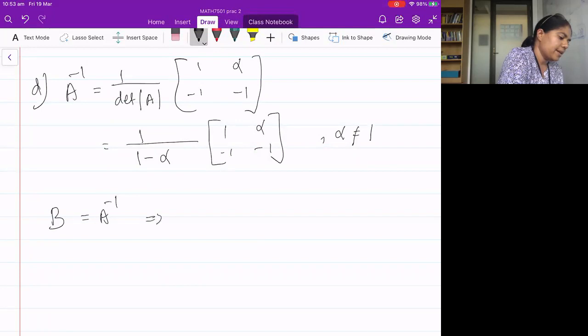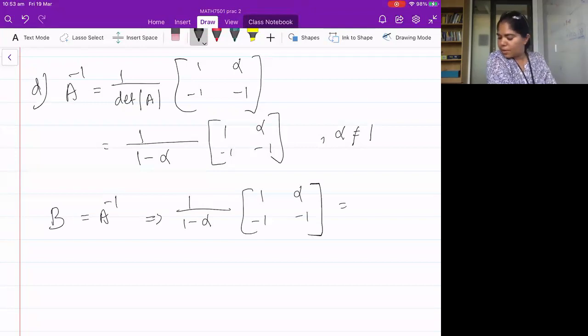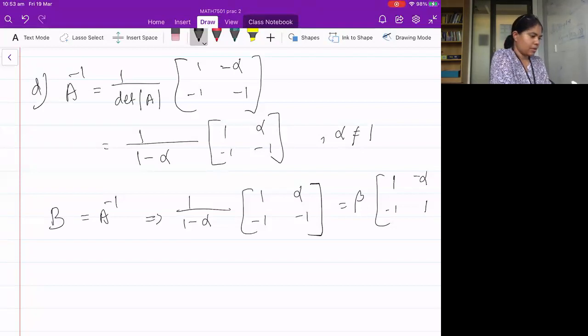Which means if we want to compute this, 1 over 1 minus alpha times [1, -1; alpha, -1] should be equal to B, which is beta times [1, -1; ..., -alpha].